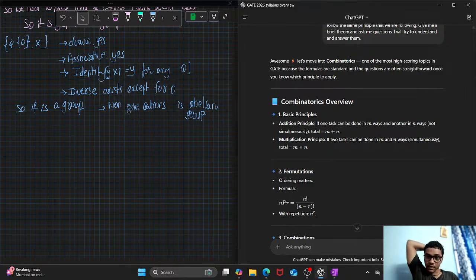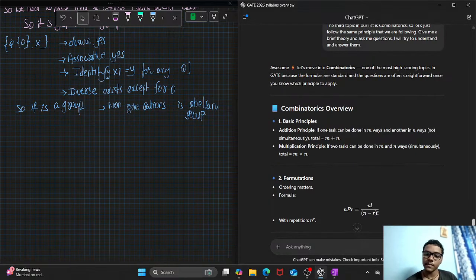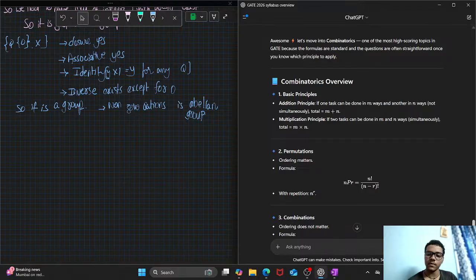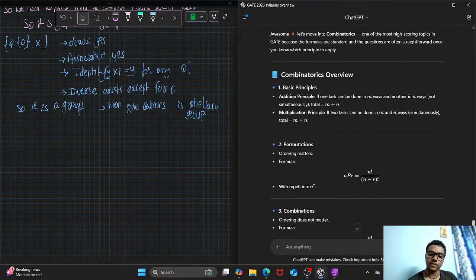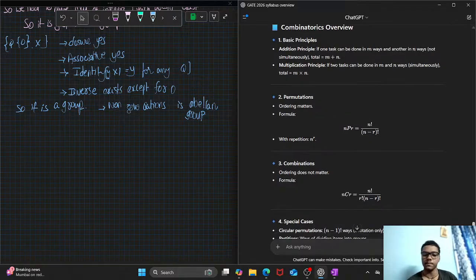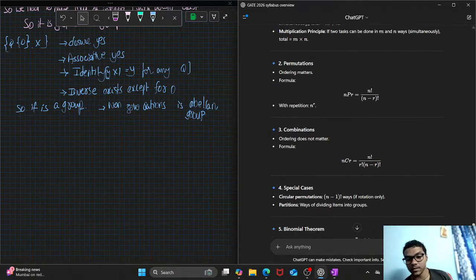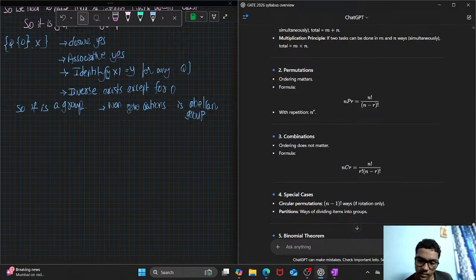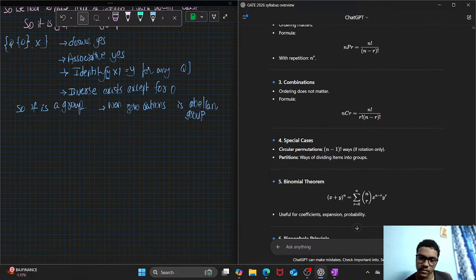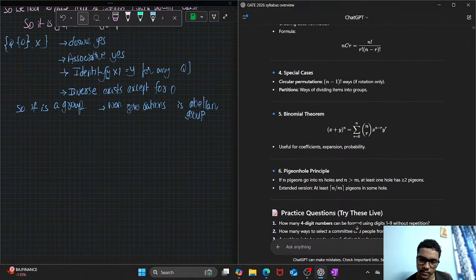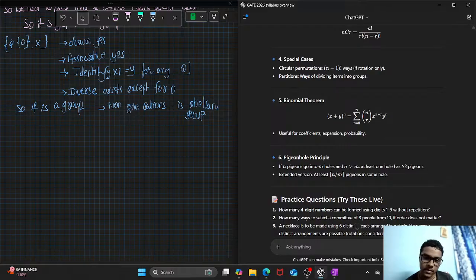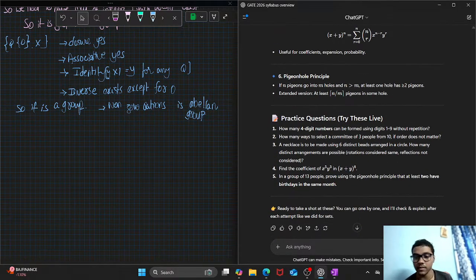Topics: permutations, order doesn't matter, circular permutations, functions. Pigeonhole principle. Yeah, I think we should spike on that.